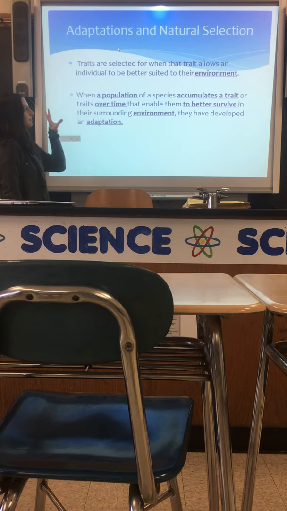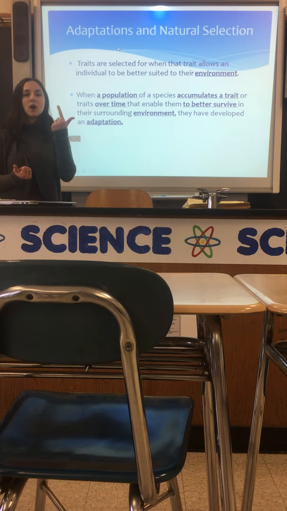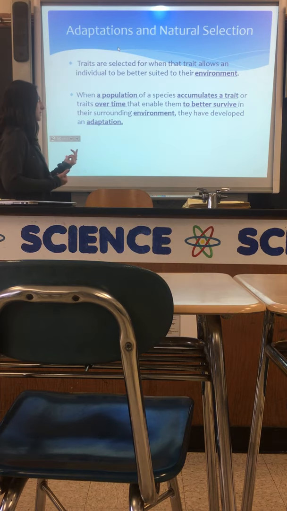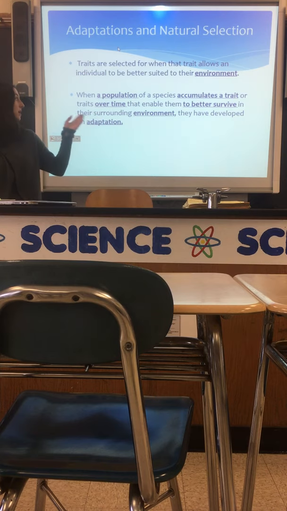I know this is kind of a long phrase here, but it's easy to remember the important parts of the definition of an adaptation just by what's bolded here. A population accumulates a trait over time to better survive in their environment, and that is what an adaptation would be.